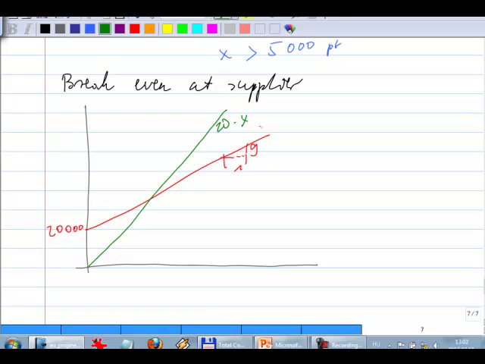So how much is the supplier's break-even? 20x is equal to 9x plus 20,000. And 11x is equal to 20,000. x is 1,000 then.